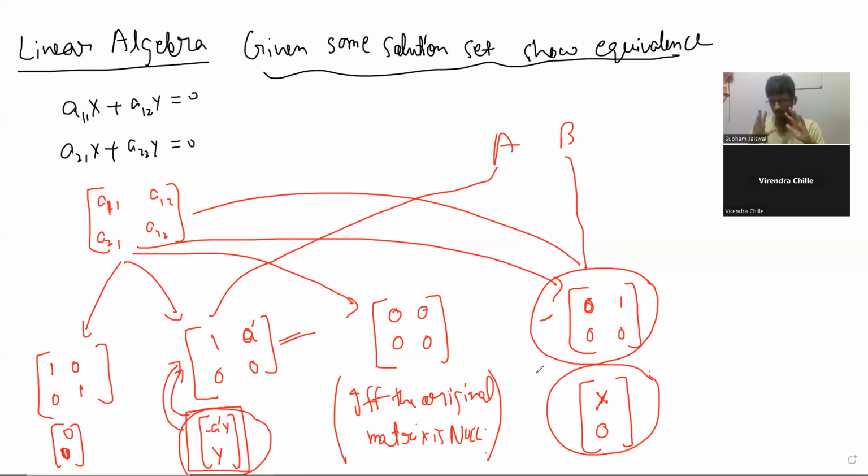So first of all we can just talk about when a full system has different row reduced echelon forms, then the solutions are also different, that is, they are inequivalent.